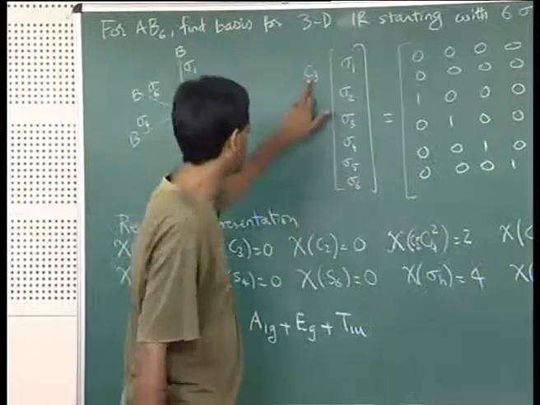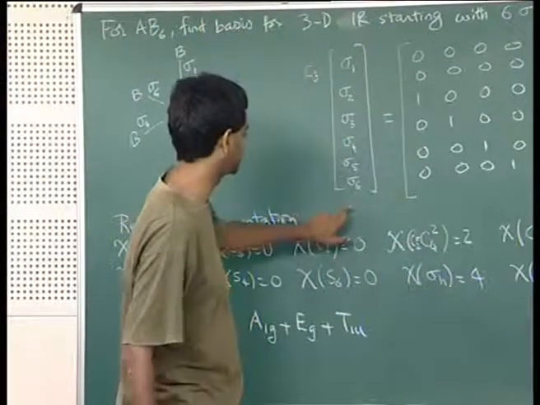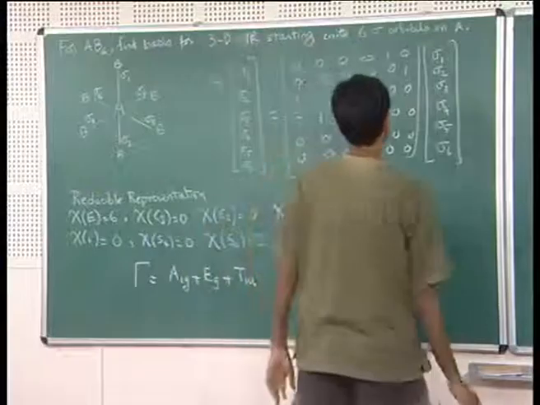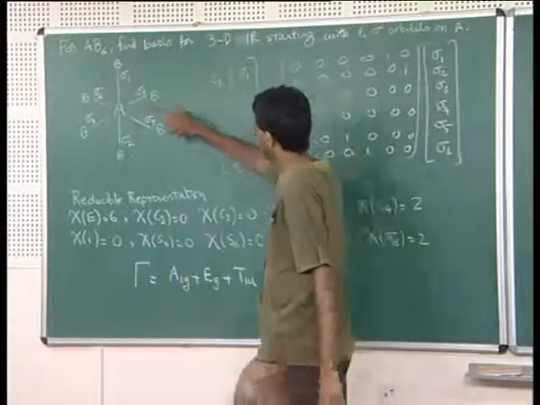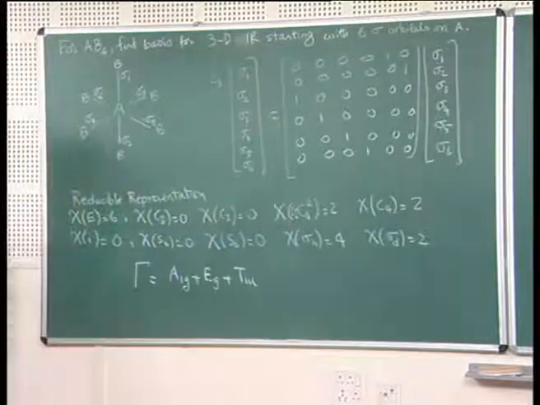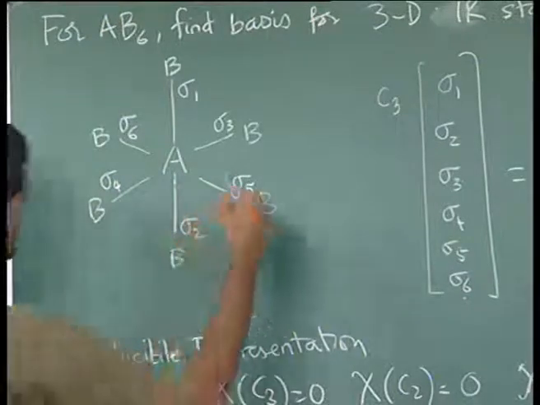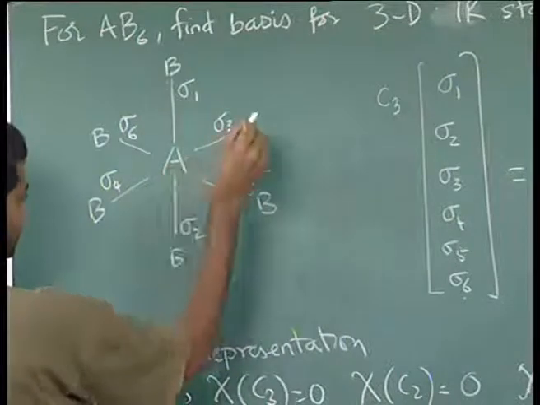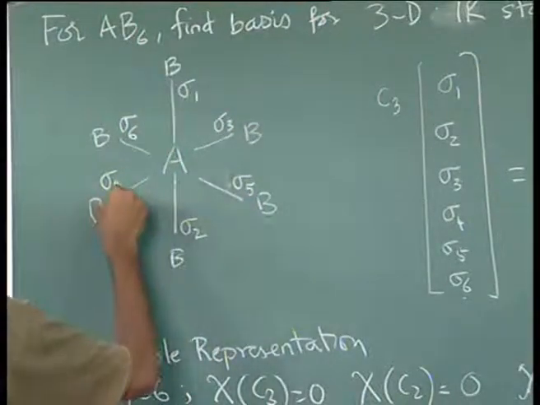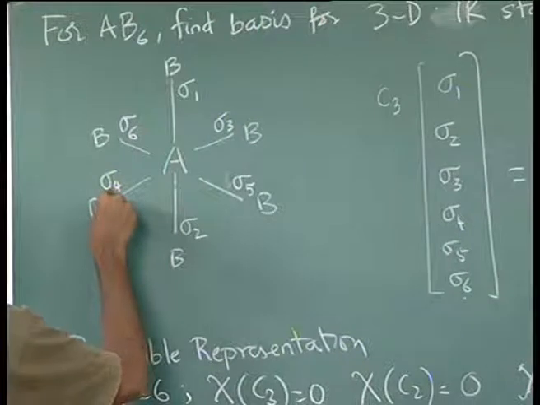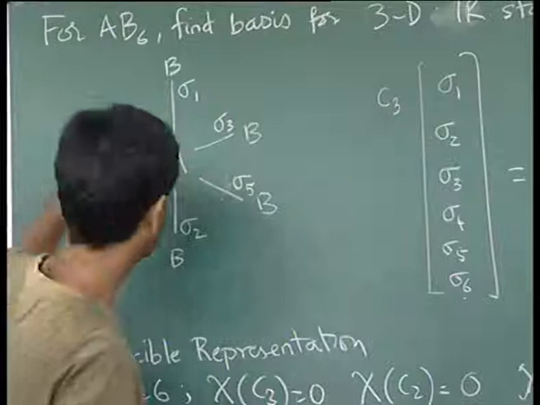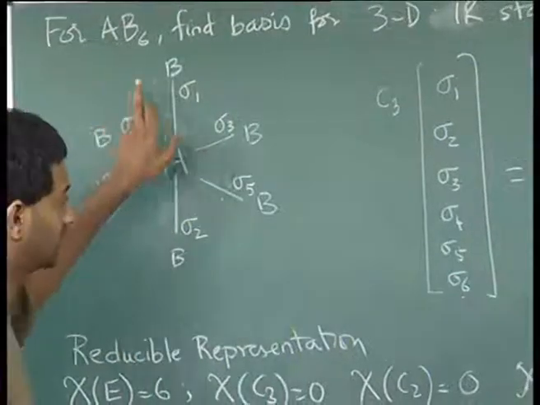For example, if you operate by C3 on this vector sigma 1, sigma 2, sigma 3, sigma 4, sigma 5, sigma 6, you can think of C3 as going diagonally in this direction. So sigma 1 is taken to sigma 4, or to sigma 5, and so on. You can work out what happens to the remaining.